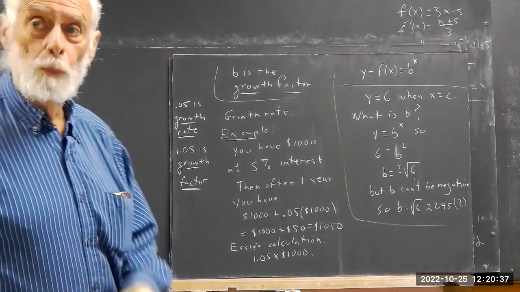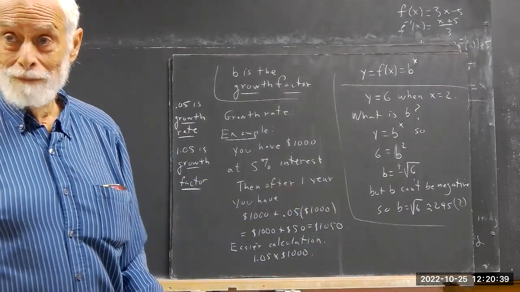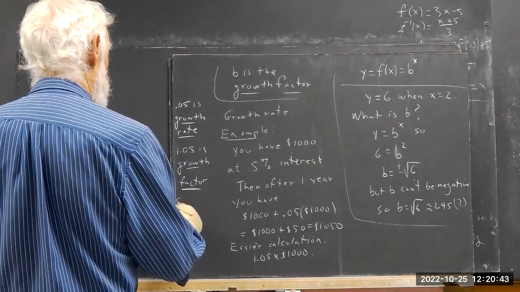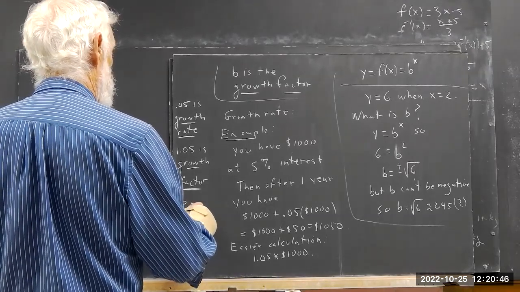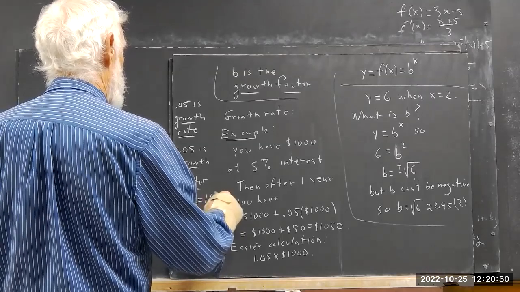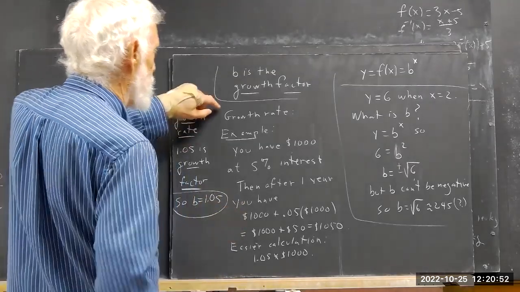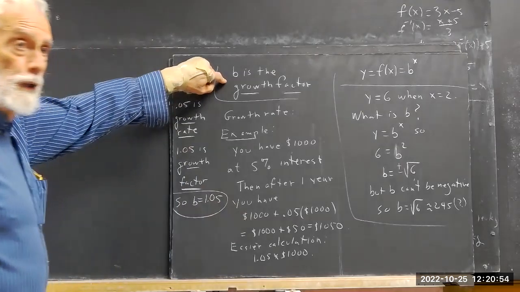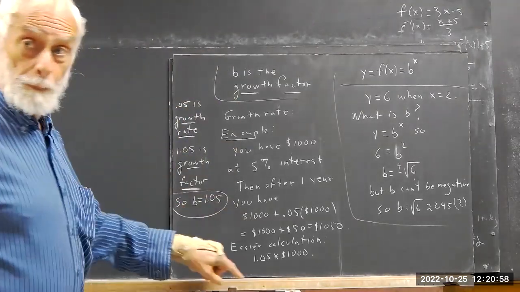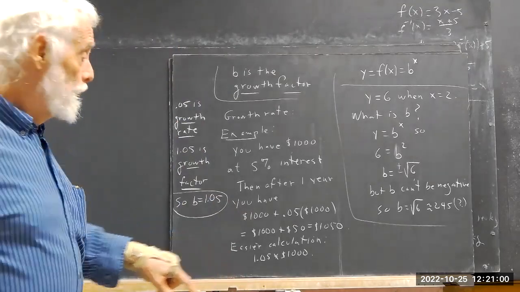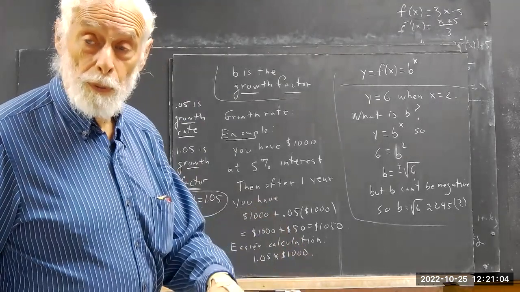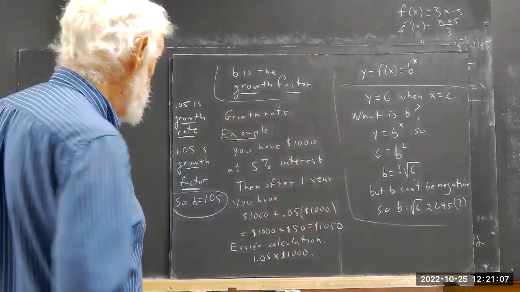A factor is something you multiply by something else. Well, I just said that B is what we call the growth factor, and this relates the growth factor to the growth rate. Calculate what your investment would be worth after a number of years.